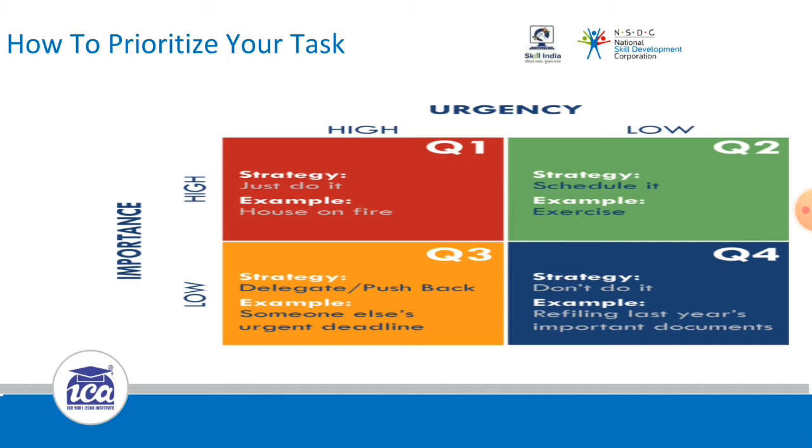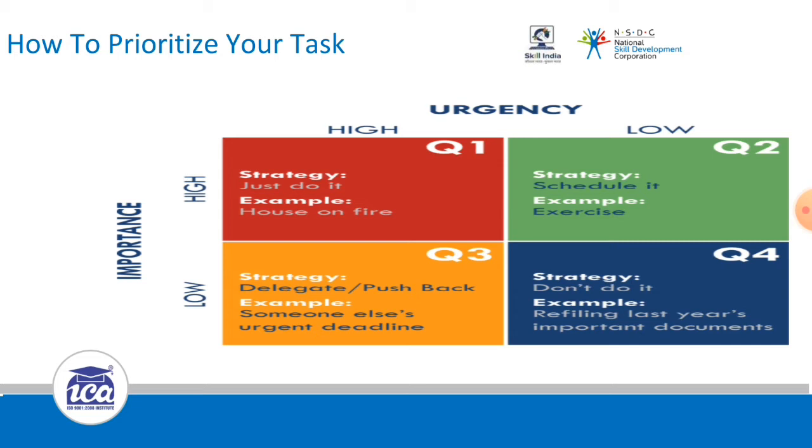That means it's urgent. So these kinds of activities or tasks will come under the first quadrant, that is urgent and important. These kinds of tasks always have a higher priority. Always choose this kind of work as the first work in your task list.